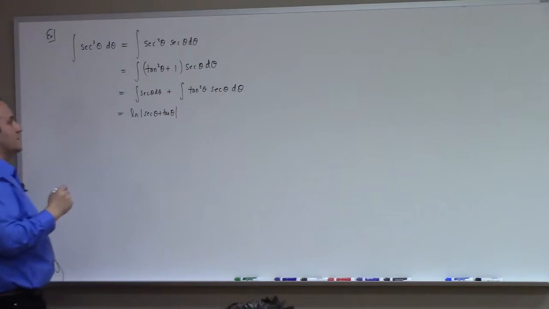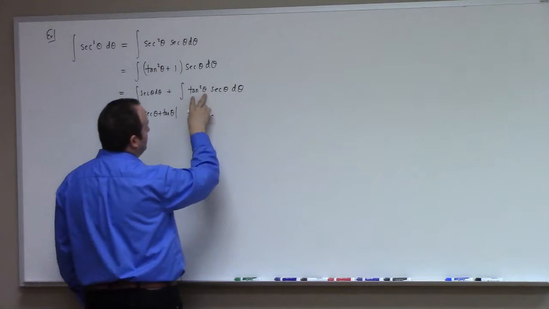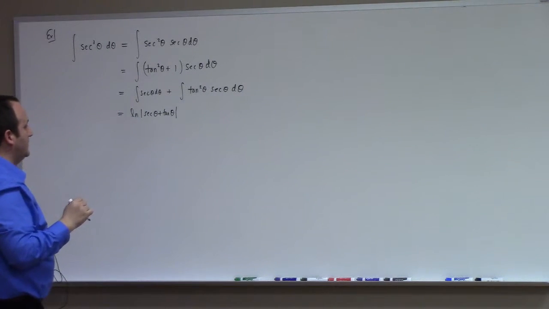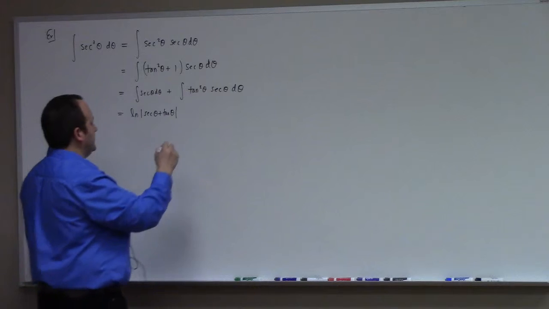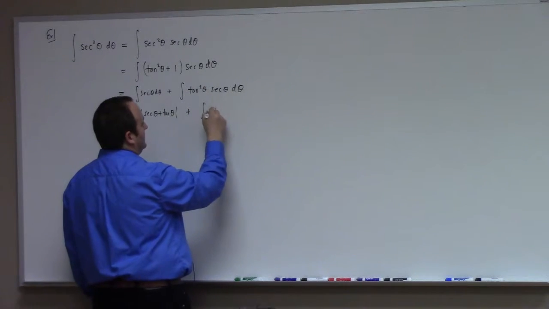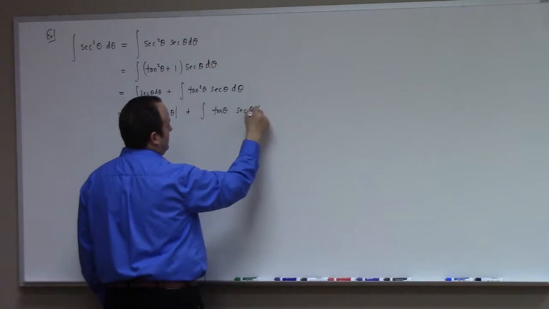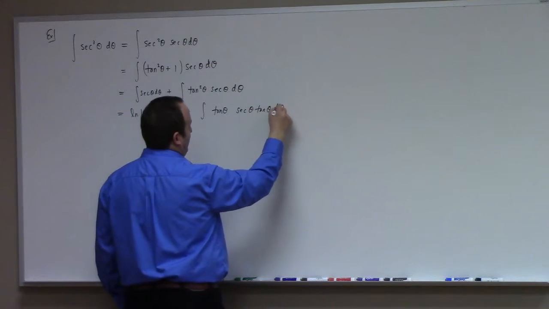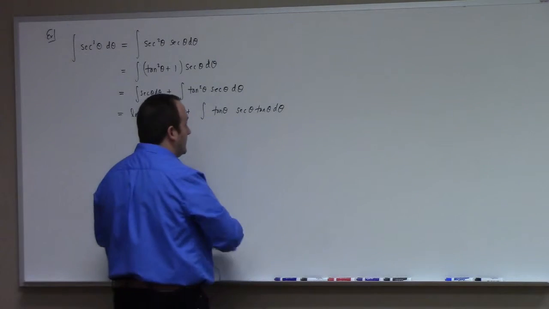Let's see here. So we can try some kind of integration by parts on this other piece. If I rewrite this as the integral of tangent theta times secant theta tangent theta d theta, that might be profitable because you see what we have then?